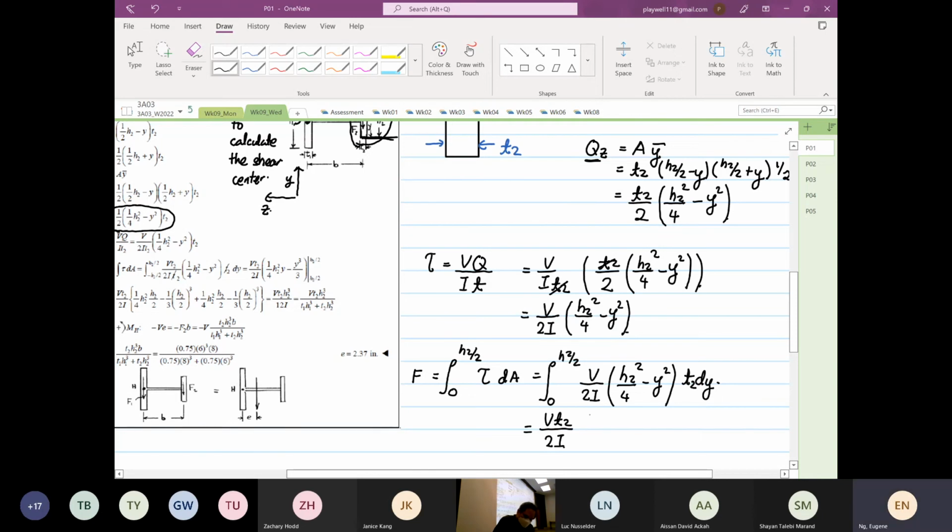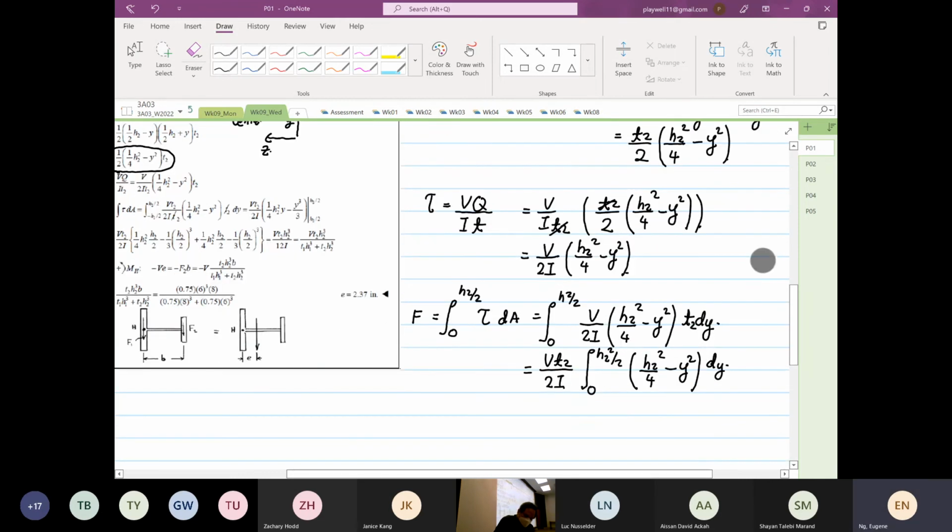Okay, then we just integrate the term inside there, from 0 to h2 over 2. And then all we need to do is just to integrate the term h2 squared over 4 minus y squared dy.